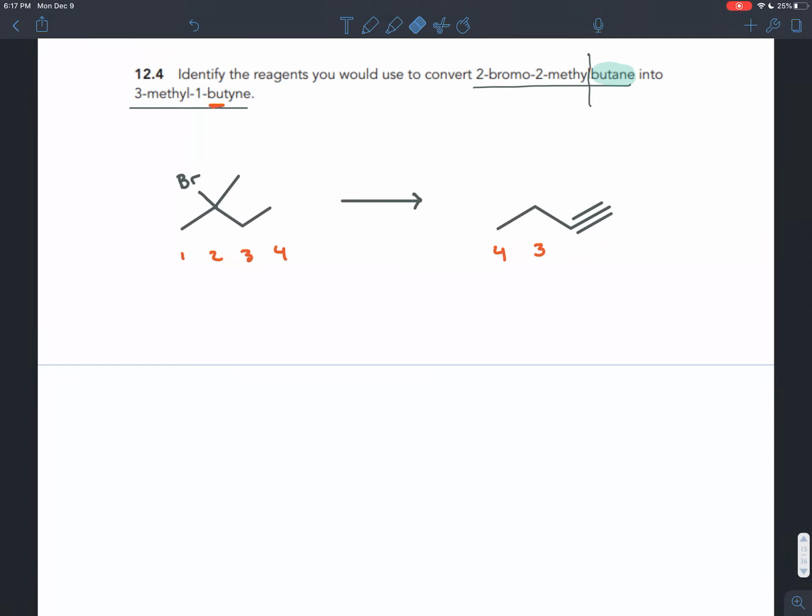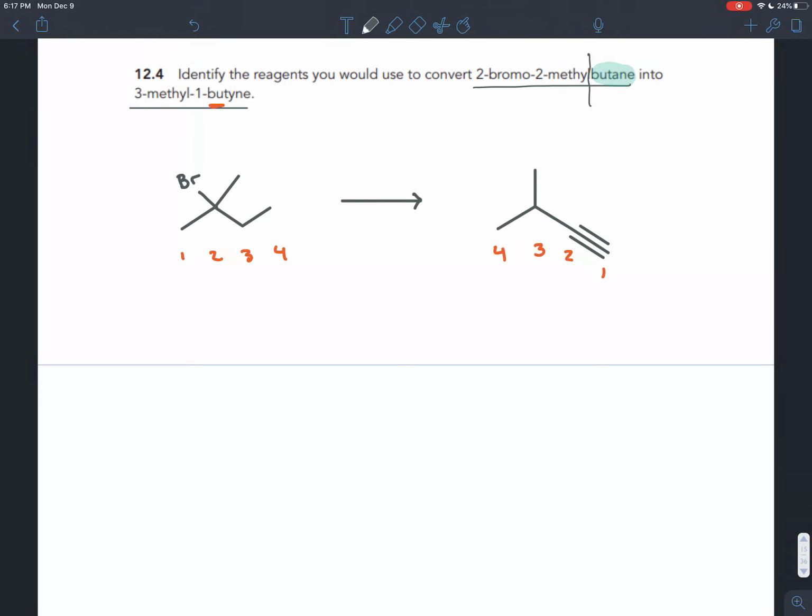Now we'd want to rearrange that so that it is linear. But once we have that, we also have a branch, and the branch is coming off of carbon 3. It's a methyl branch, and now you can see why I numbered it this other way.